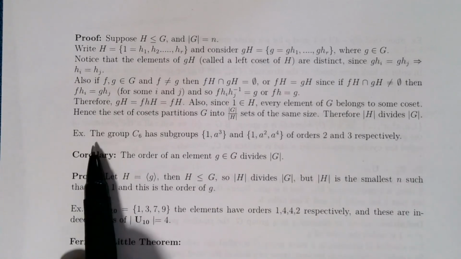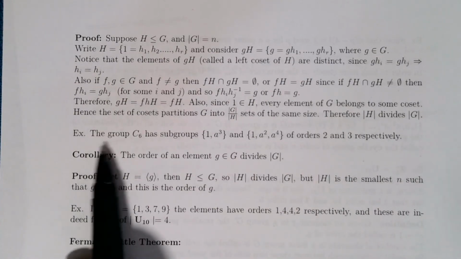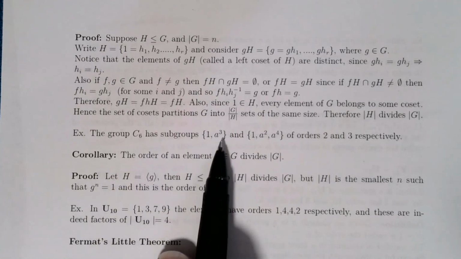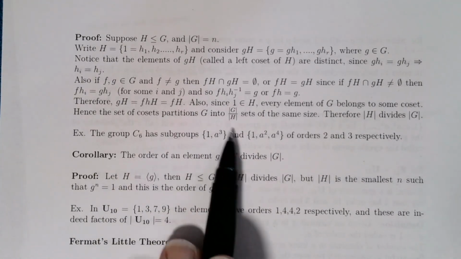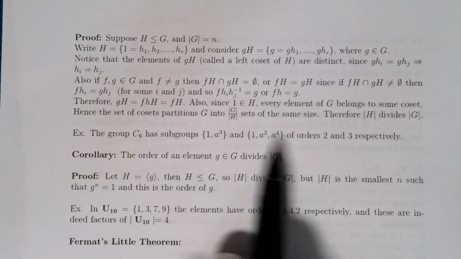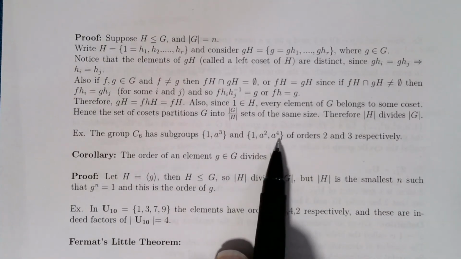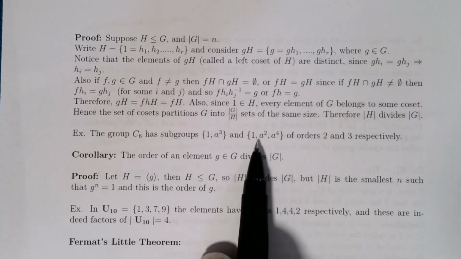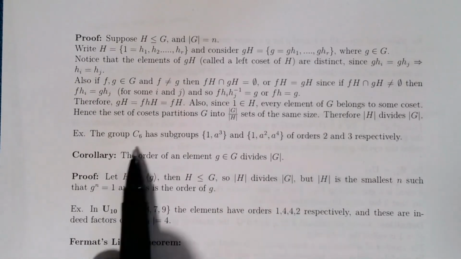Just as an example, the group C6, the cyclic group of order 6, has subgroups {1, a cubed}, which has 2 elements, and {1, a squared, a to the 4th}, a subgroup of size 3, and both these numbers 2 and 3 are factors of 6.